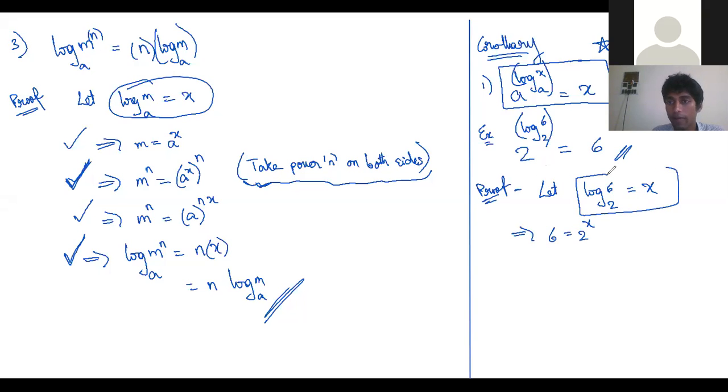This is the most basic definition. But what is x? x itself is log 6 base 2. So here in this equation, very important to understand, instead of x I am writing log 6 base 2.